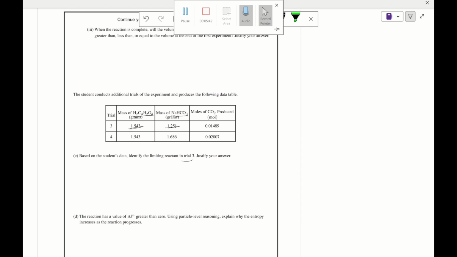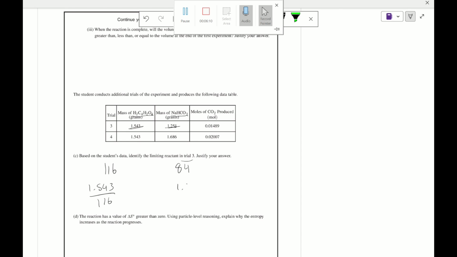So for the first compound, it would be 2 plus 48 plus 2 plus 16 times 4, which would give us 116. And then for NaHCO3, Na's molar mass is 23, H's is 1, C is 12, O is 16 times 3. Yeah, that gives us 84.